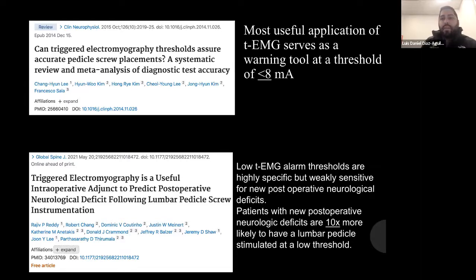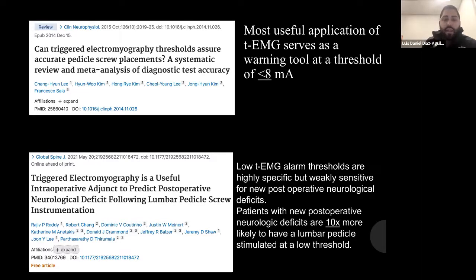However, this was simply looking at the anatomy of whether there was a physical breach. And so more recent papers, such as seen here in the 2021 Global Spine, triggered EMG as a useful intraoperative adjunct to predict post-operative neurologic deficit following lumbar pedicle screw instrumentation, has moved on to attempting to confirm that these alarms and the detection of these alert criteria are associated with improved patient outcomes, or, if they are present, with an increase in post-operative neurologic deficits.